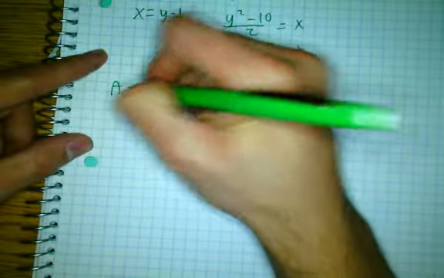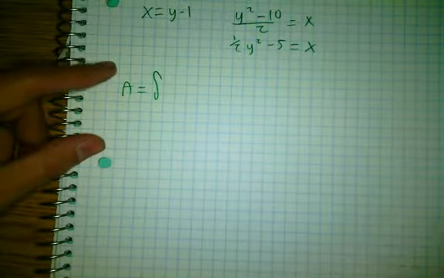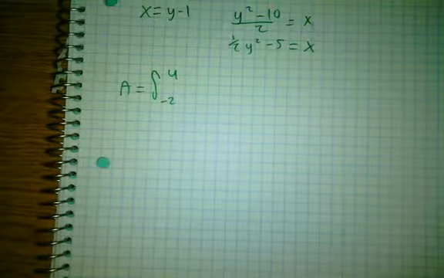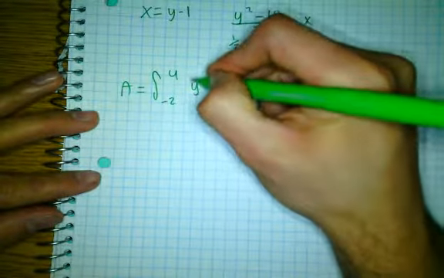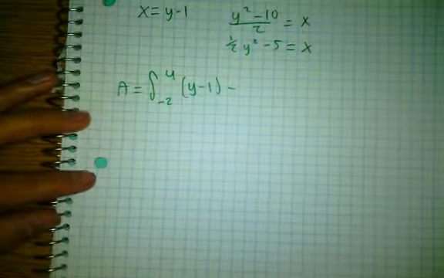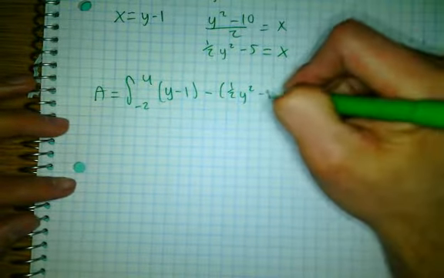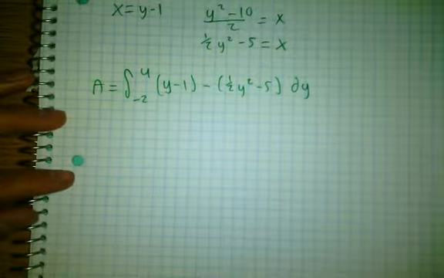So when I write my integral, this is the area between negative 2 and 4. Which one was the top equation the entire time? The line. So it's going to be y minus 1 minus 1/2 y squared minus 5 dy.